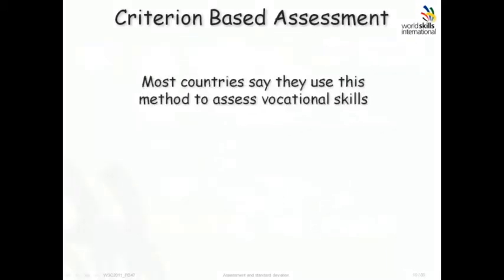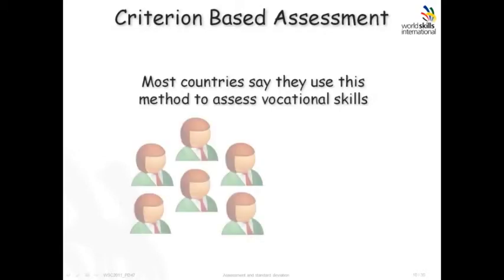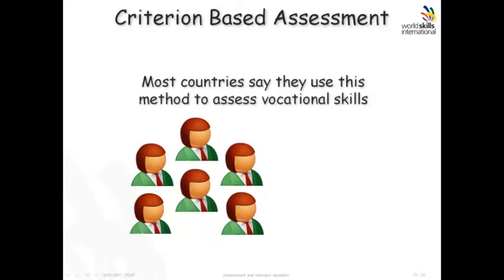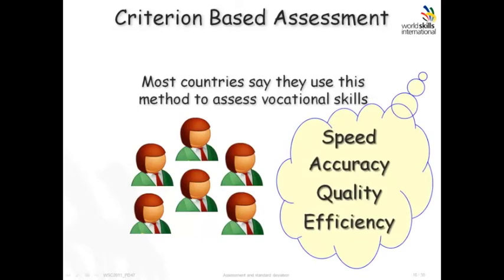Most countries say that they use this method to assess vocational skills. This is not exactly what commerce and industry require. After all, if you were interviewing 6 candidates for a job and they all had the same criterion-based qualification, you would want to know who could demonstrate the best speed, who was the most accurate, who produced the best quality products, and who was the most efficient.